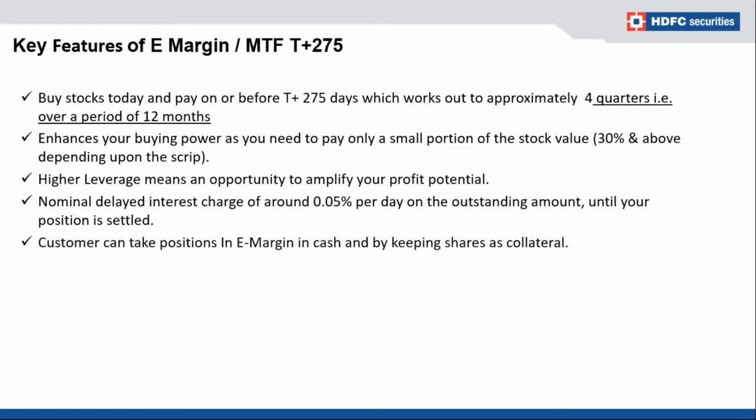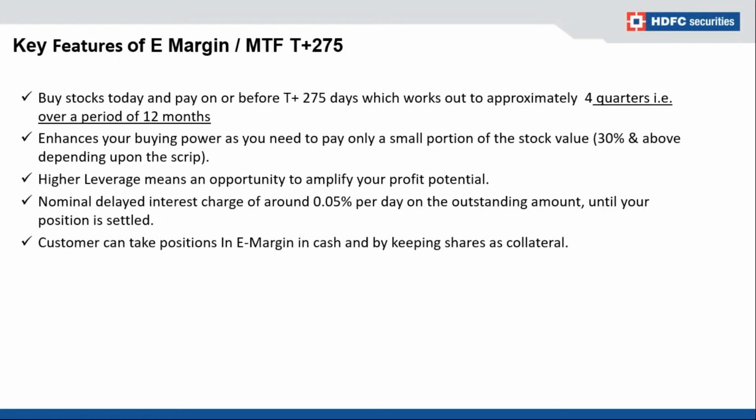And the customer can take the position in cash, as I just said, or you can also take the position by collateral margin if you don't have margin in the bank limit. So what you do, you already have stock in your demat, so you can pledge that particular holding as collateral in your account, and we will provide you the trading limit. After that you can take the position accordingly in the E margin.